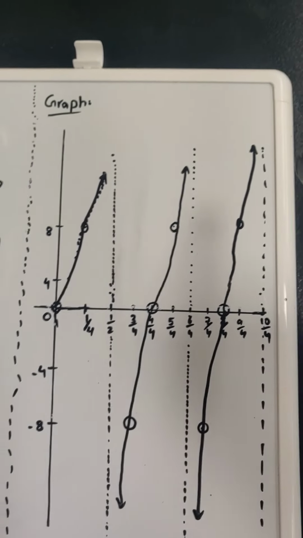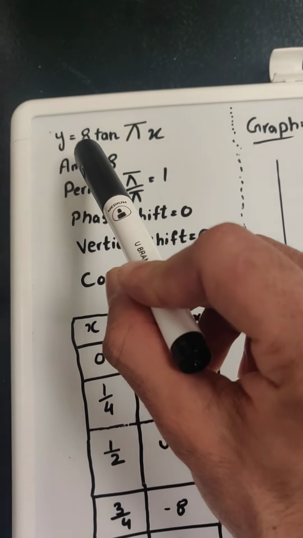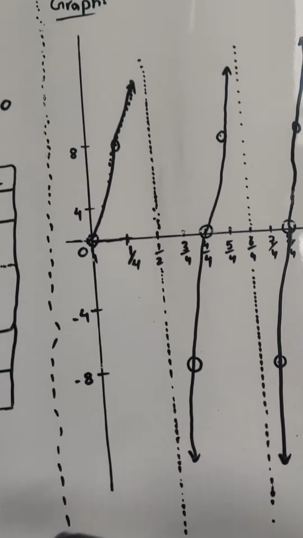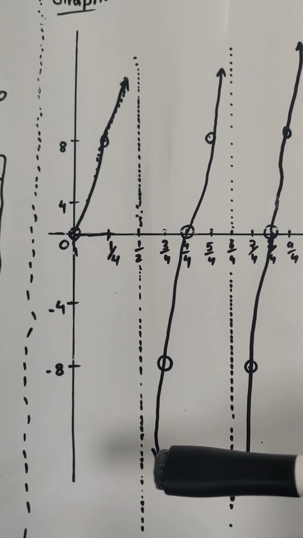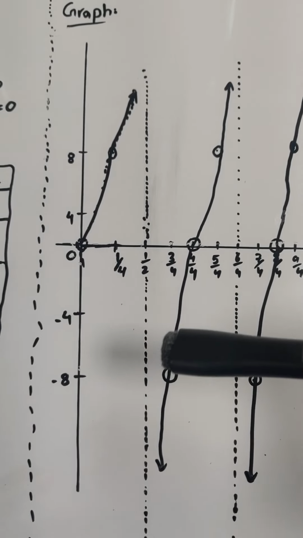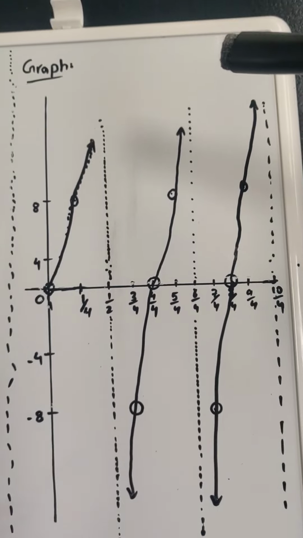So we repeat it, and what we find is that for a positive tan function, on the left side the graph moves up, and then moves up again.